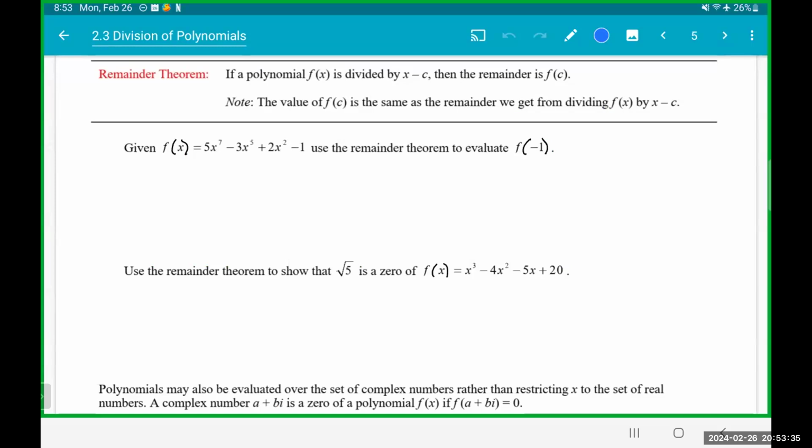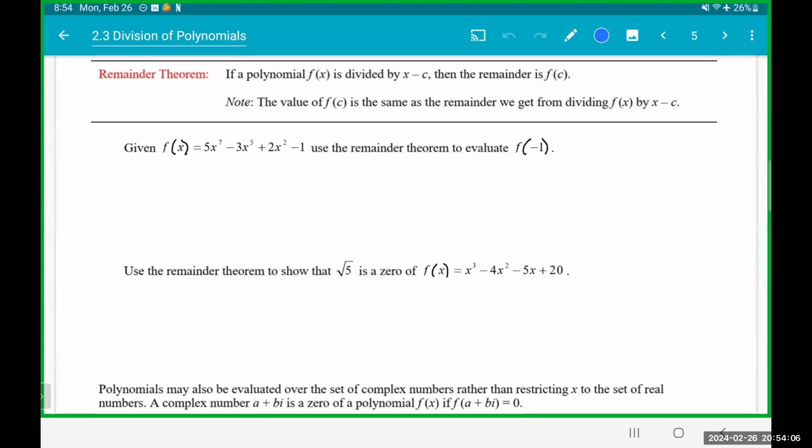The value of f of c is the same as the remainder that we'll get by doing this division. So for this first problem, given f of x equals 5x to the 7 minus 3x to the 5 plus 2x squared minus 1, we want to use the remainder theorem to evaluate f of negative 1.